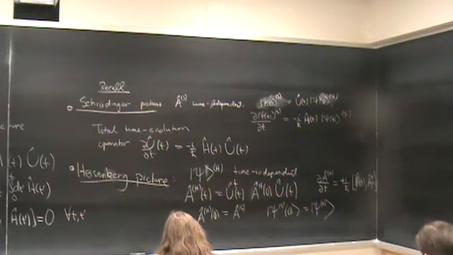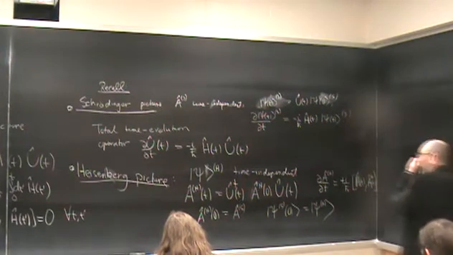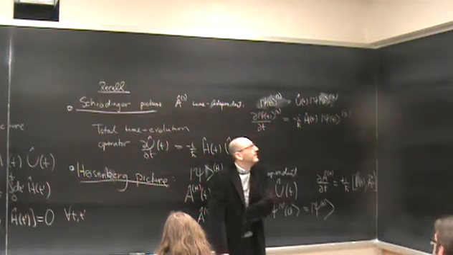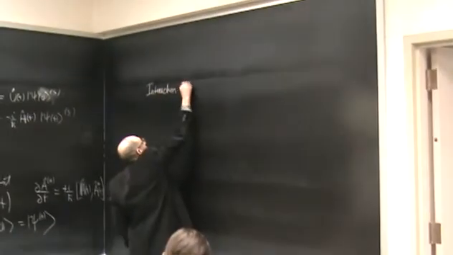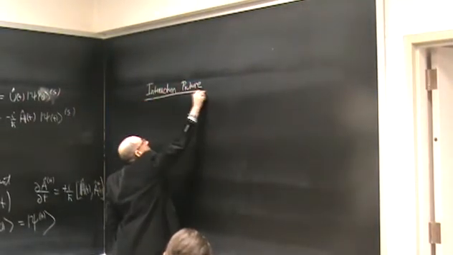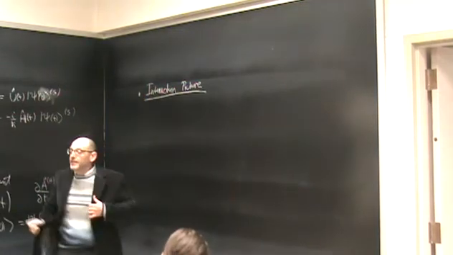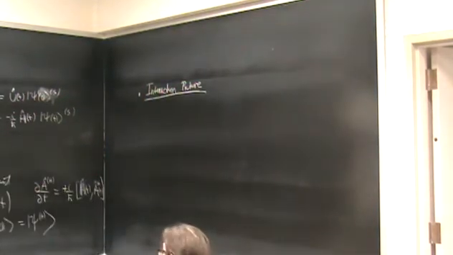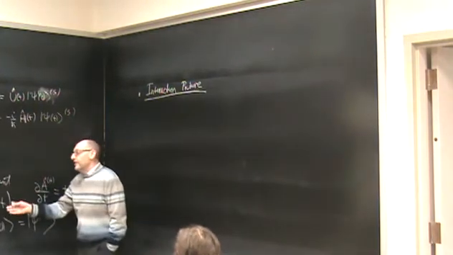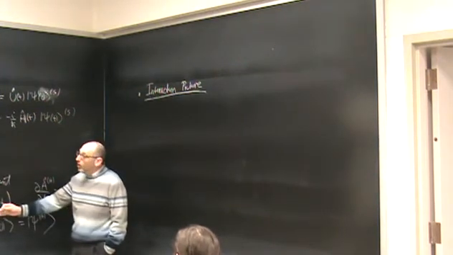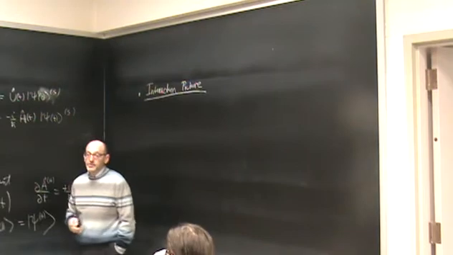Now we're going to define a new picture, the interaction picture. It's kind of intermediate between the Heisenberg picture and the Schrödinger picture. In the Heisenberg picture, the operators evolve according to the full time evolution operator.